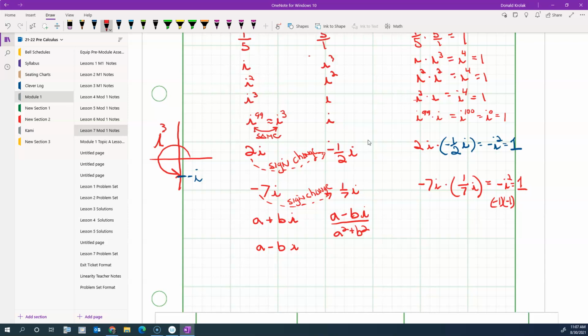We got that from the homework on number 6. The problem set that we did, we came up with that formula.